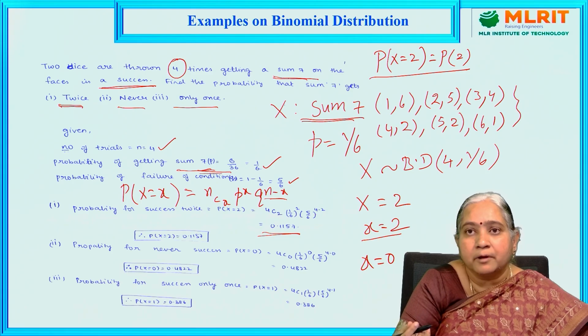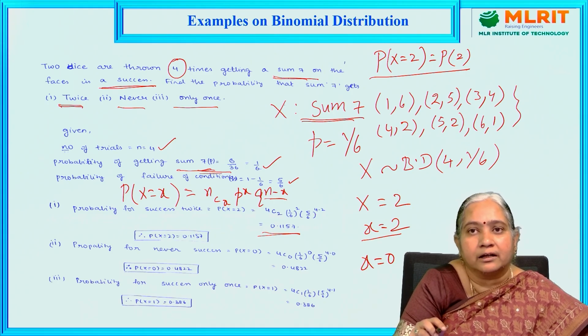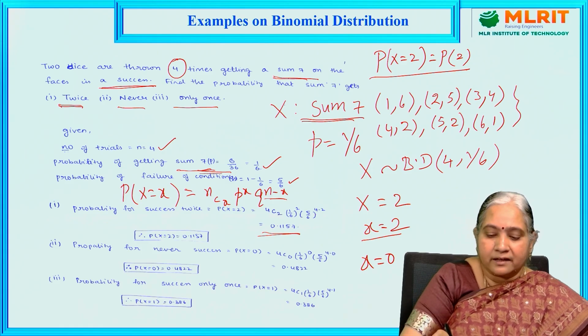These sums may come, but all these sums are failure events. Only the success event is getting the sum 7. So never means except 7, all remaining sums will come. No success means X takes 0.